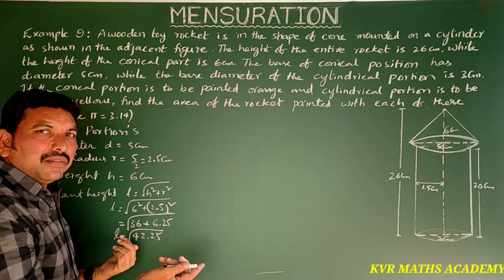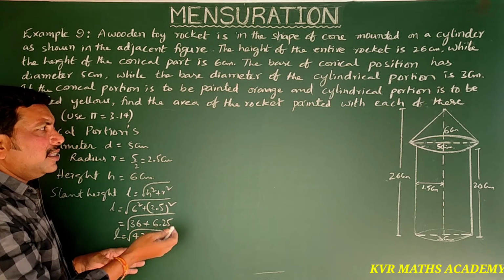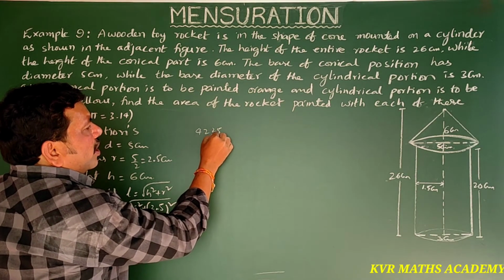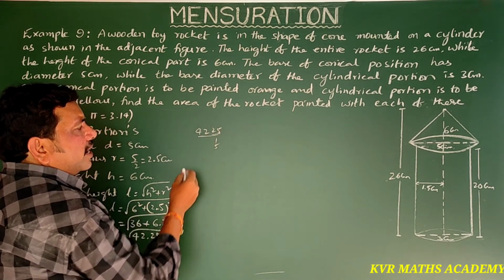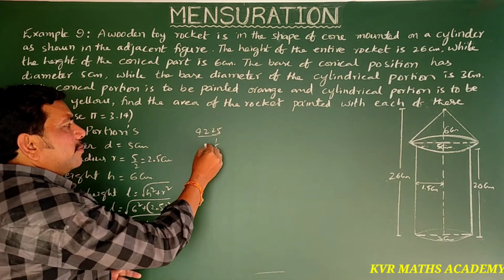So that is the shortcut method. For 42.25, see here, 4 2 2 5. 25 means compulsory 5 will come. Next, 42 means 6 7s are 42, consecutive numbers, so the smallest number is 6.